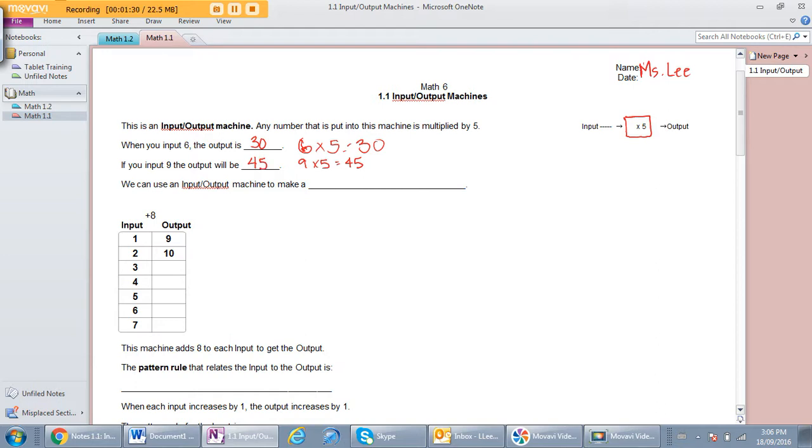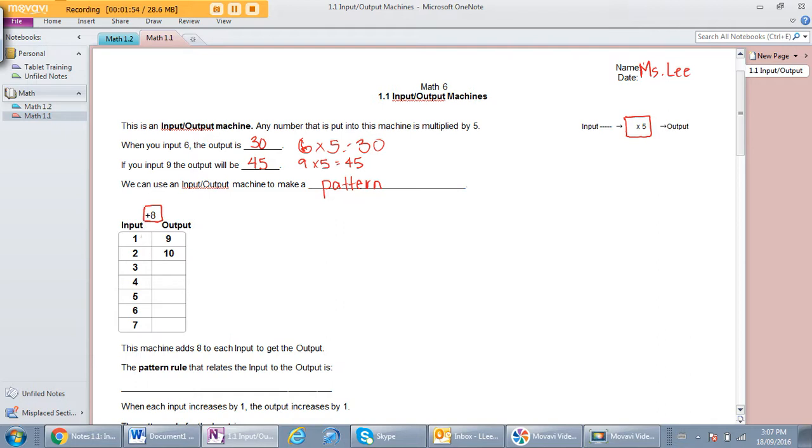We can use an input-output machine to make a pattern. Below you'll see another example of an input-output machine. This is a table of values here, and the operation for this table of values is to add 8.